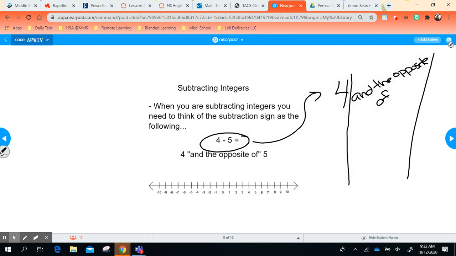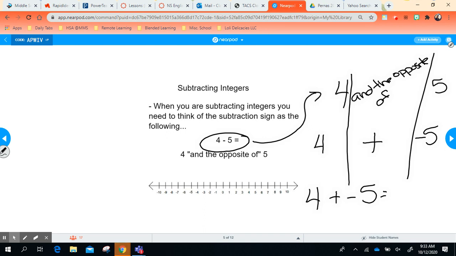So my subtraction is going to turn into addition. My 4 stays the same. And what is the opposite of positive 5? Negative 5. So my positive 5 turns into negative 5. So my new problem is 4 plus negative 5 equals.